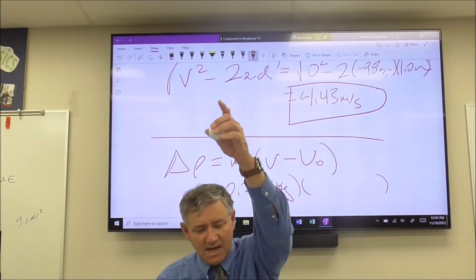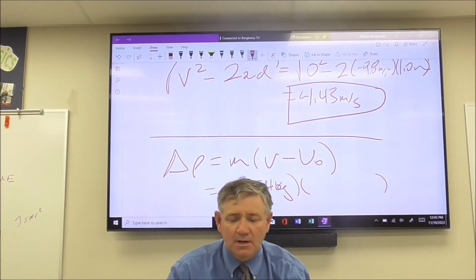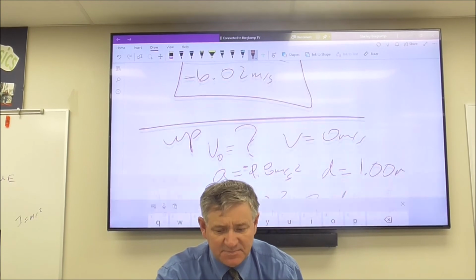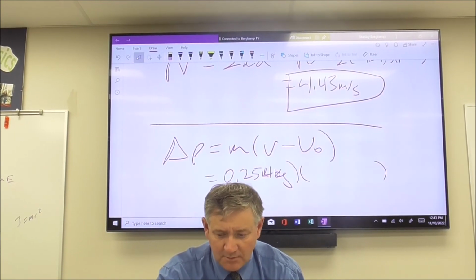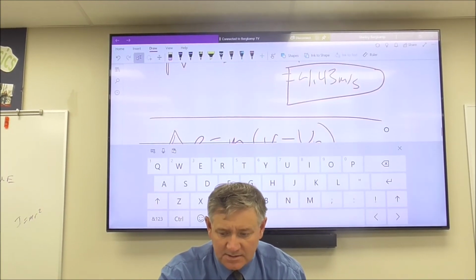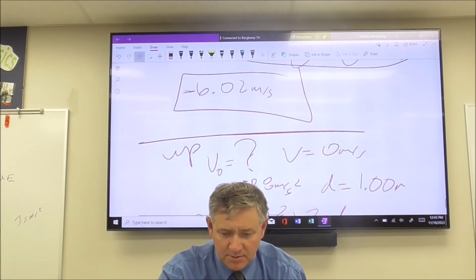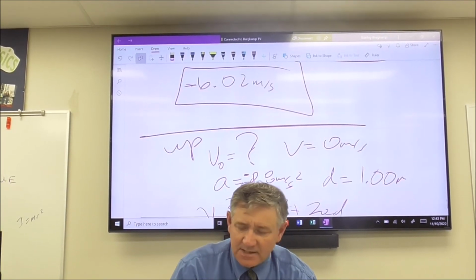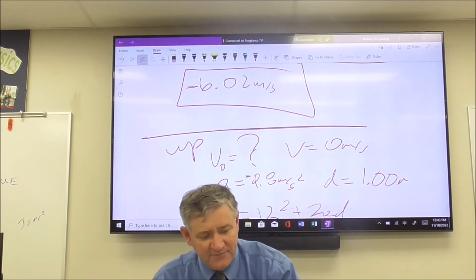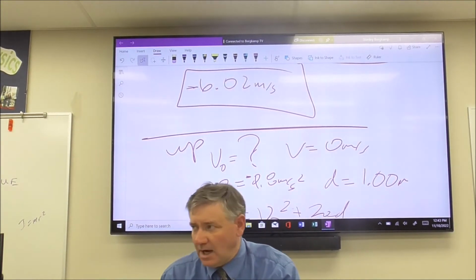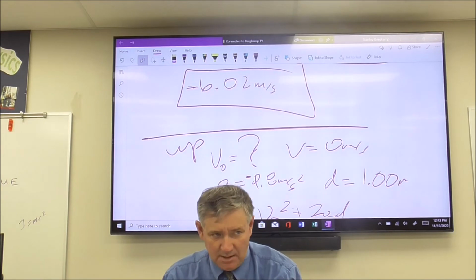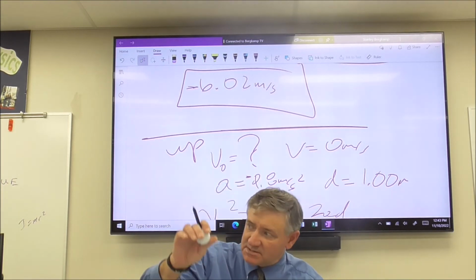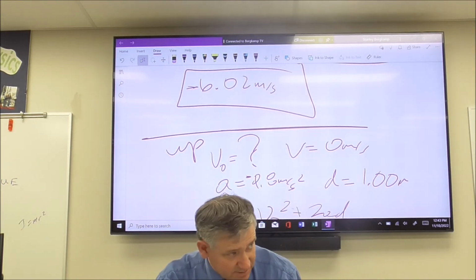When it's in contact with the ground, is the negative 6.02 that we found my V or my V naught? V naught, because that's how fast it's going in that transition.